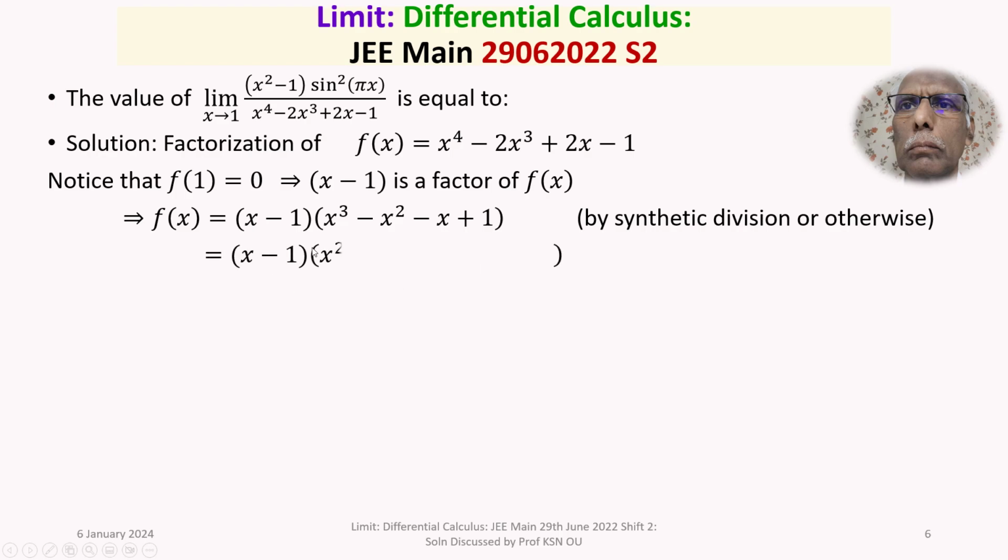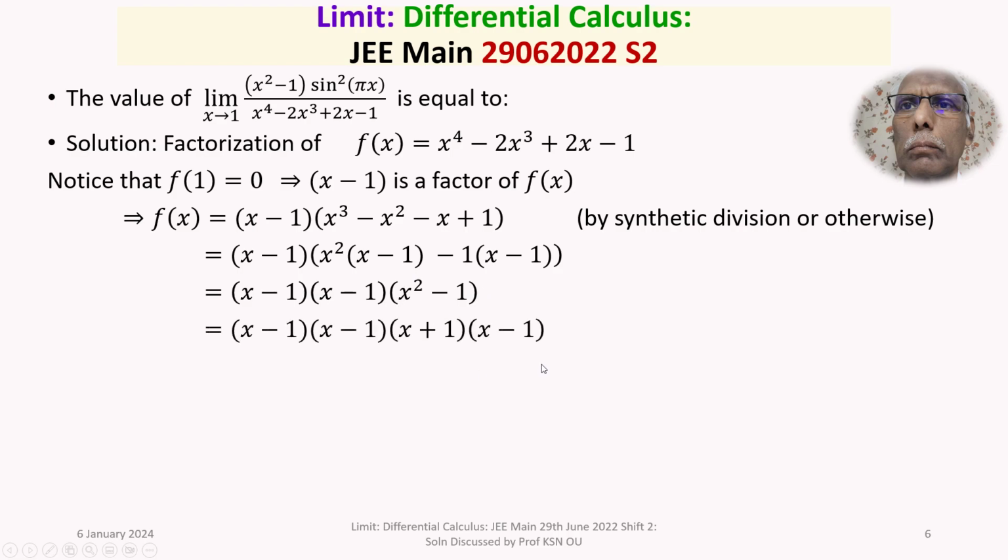So this will be equal to x minus 1 into, from the first two terms take x square common, x square into x minus 1, and from the third and fourth terms take minus 1 common, x minus 1 in brackets. So you will get x minus 1 into another x minus 1 as a factor, multiplied by x square minus 1. x square minus 1 is equal to x plus 1 into x minus 1.